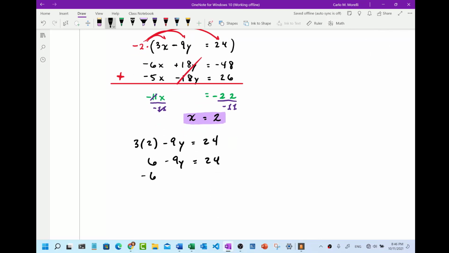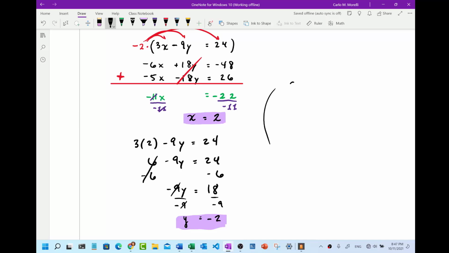Minus 6 on both sides. Negative 9y equals 18. Divide both sides by negative 9. And you get y equals negative 2. So I've got y equals negative 2 and x equals positive 2. What quadrant is that in?